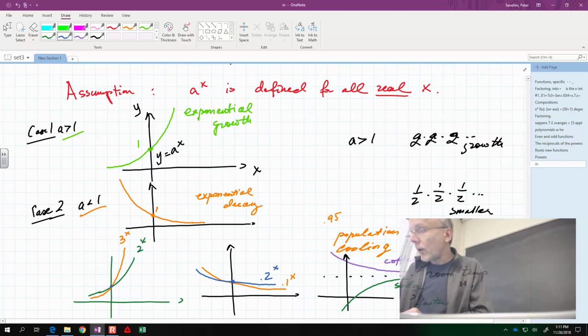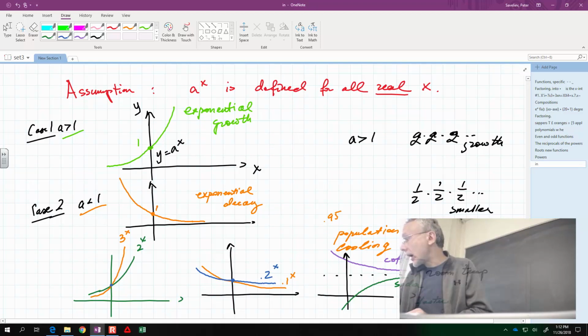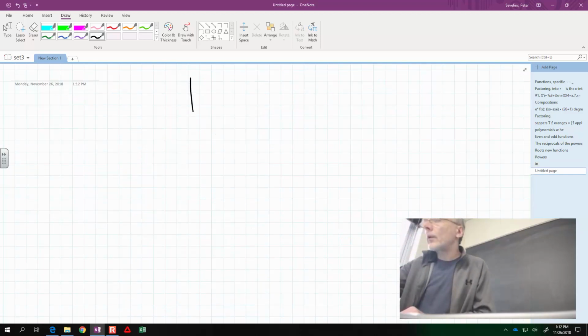Okay, so there is this whole spectrum of exponential functions, and they all pass through the same point. They all have the y-intercept at 1. But other than that, they either decrease or increase based on whether a is larger than 1 or less than 1. And within those two classes you also have faster growth or slower growth, so let me have the whole picture here.